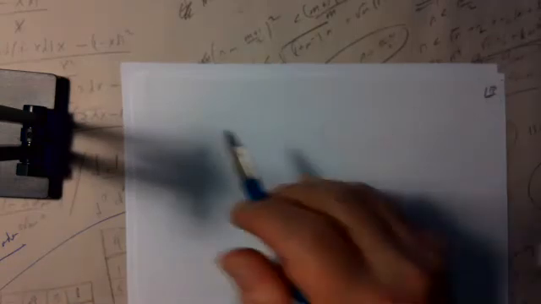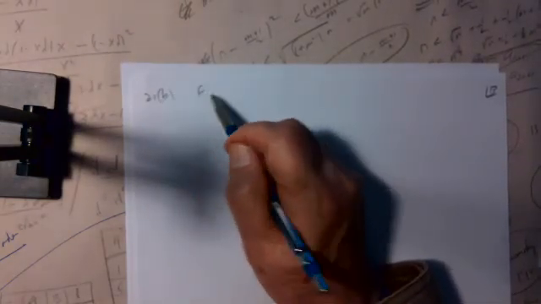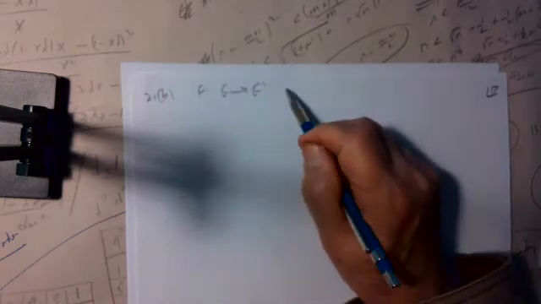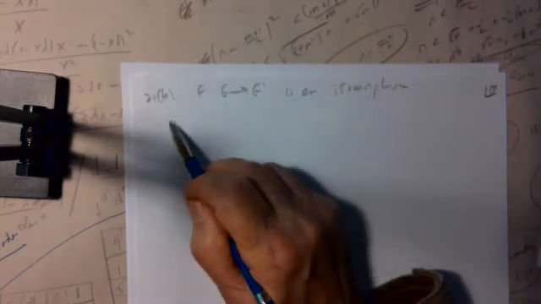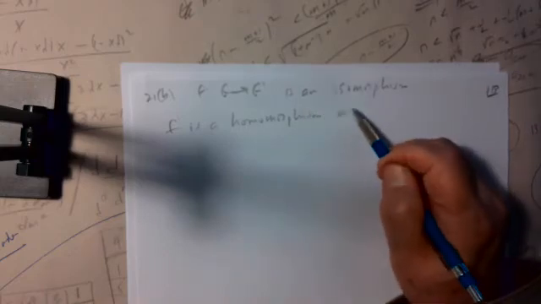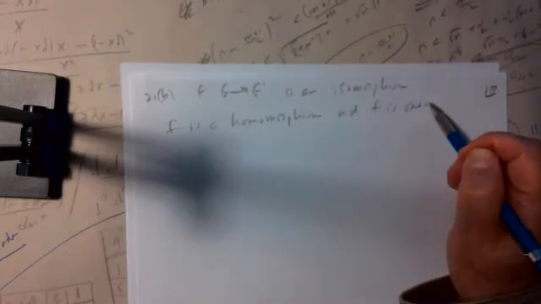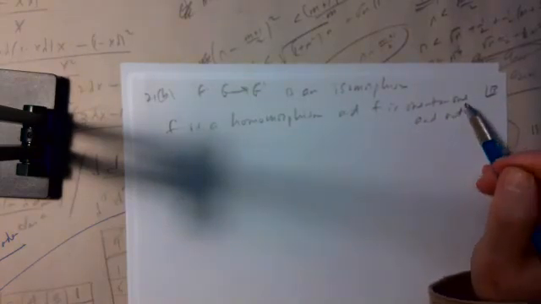What about the second part of this problem? Suppose f from G to G prime is an isomorphism. That means that f is a homomorphism and f is 1-to-1 and onto.